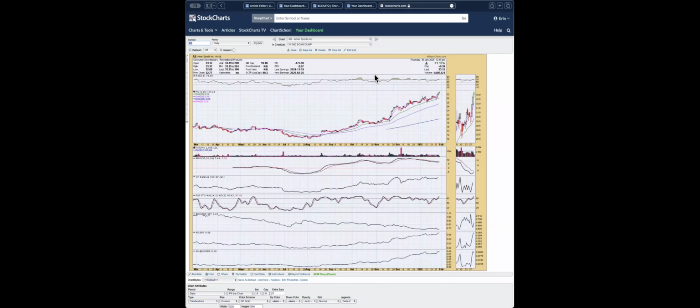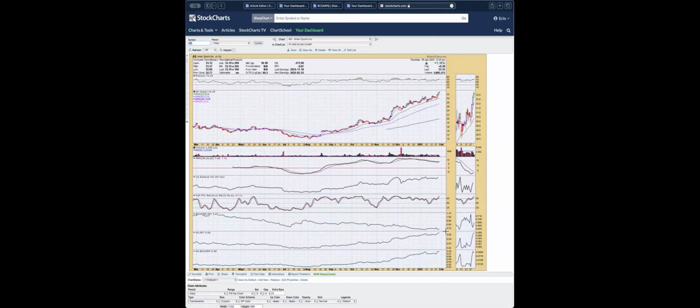Amer Sports, interesting. Recreational products. Another very strong winner that should keep on winning. The PMO is flat above the zero line, so we have pure strength. The stochastics are above 80. And you can see rising relative strength against the S&P. The group is not doing that great. It's performing pretty much in line with the S&P right now, but this stock is outperforming the S&P, so that is okay.